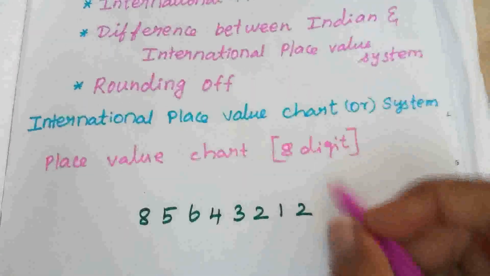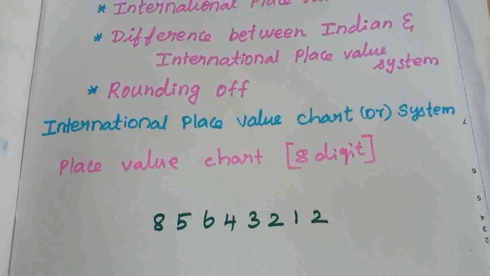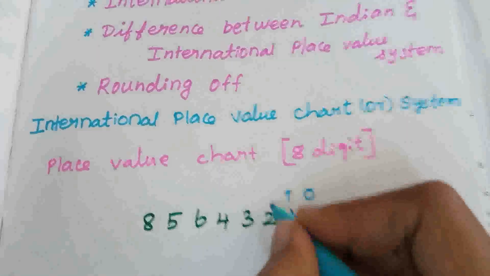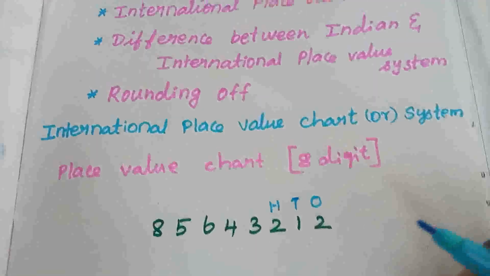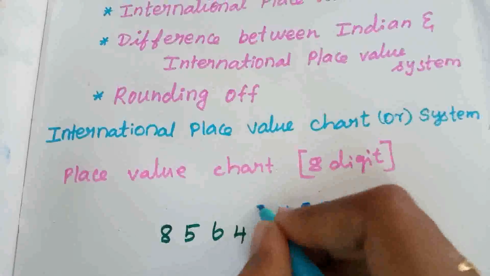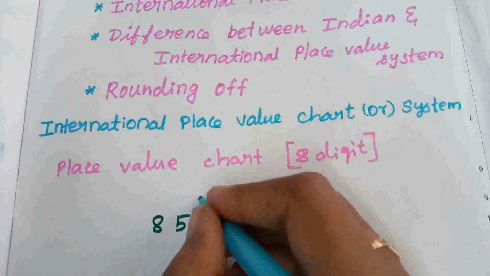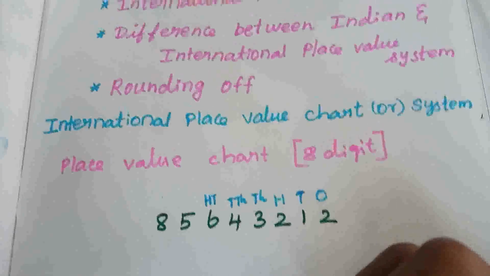Now we see: ones, tens, hundreds. Next one, thousands, ten thousands, hundred thousands.